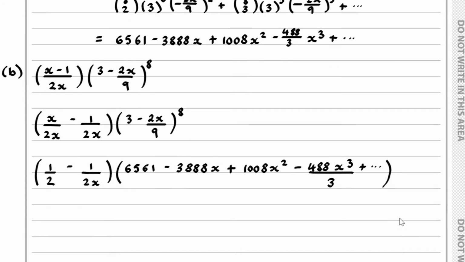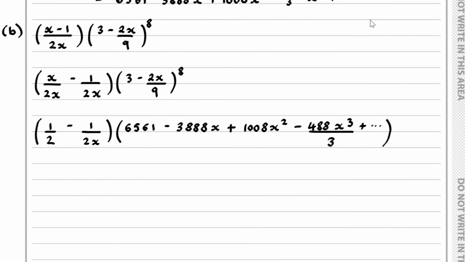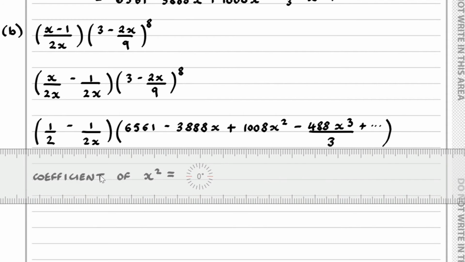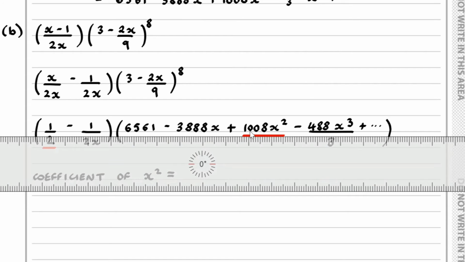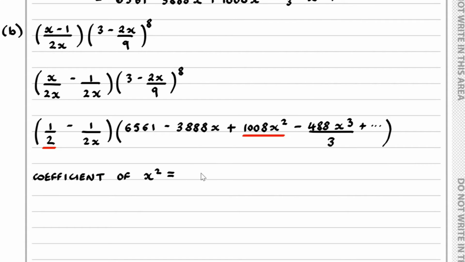Now what we need to do is find the coefficient of x squared. And so for us to find the coefficient of x squared, well, I have this 1/2 multiplied by the 1008 x squared. That gives an x squared term.